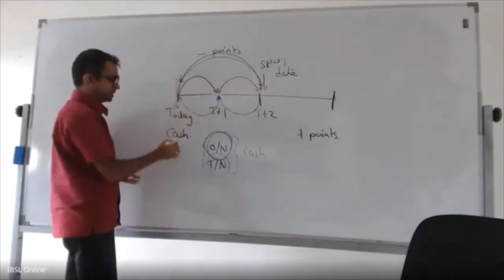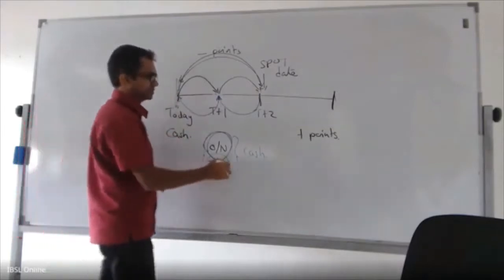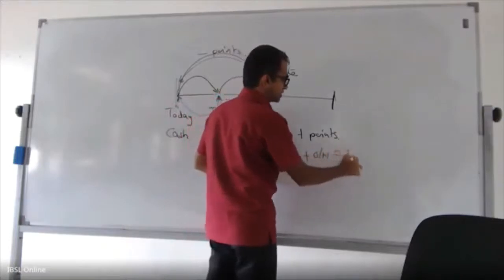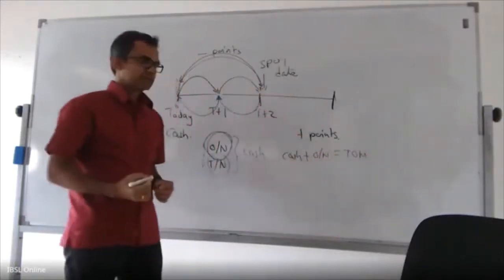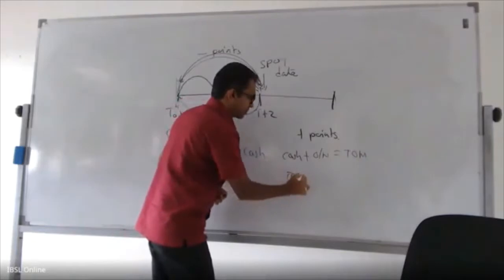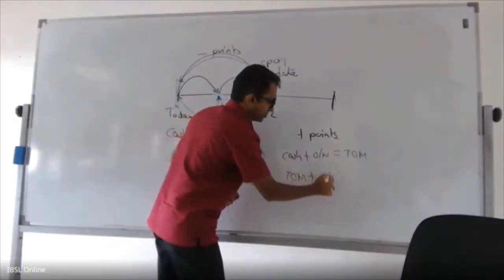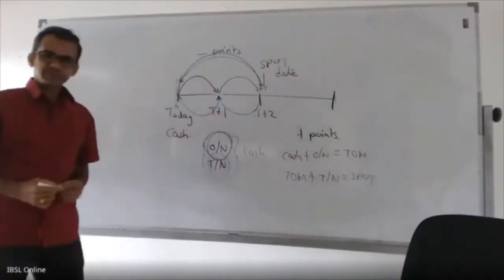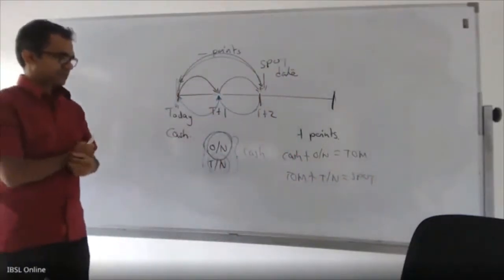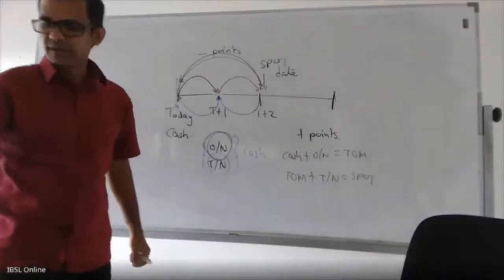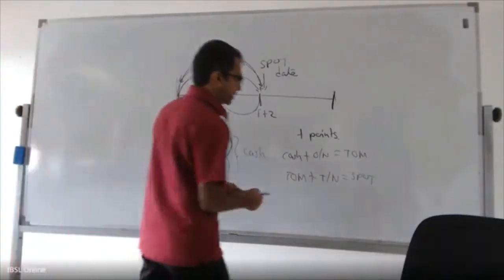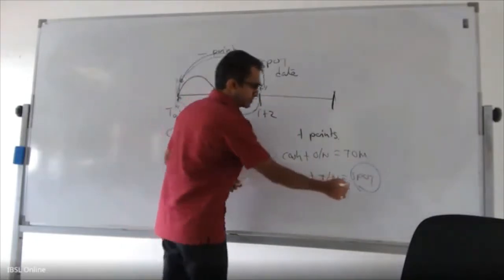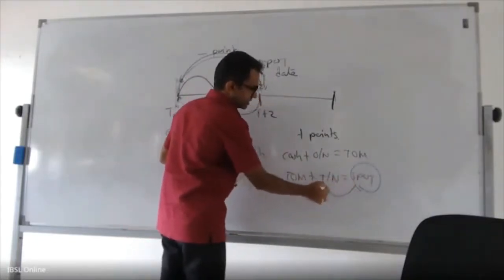If you know the cash rate, cash plus overnight, you will get the TOM rate. Then TOM plus TOM next, you will get spot. That's how it works. Now practically, we have the spot rate and we have to derive the cash rate, so we have to do the reverse calculation.